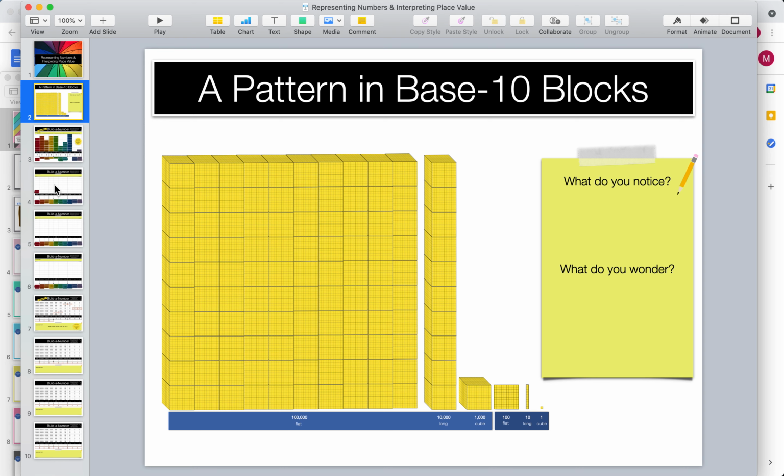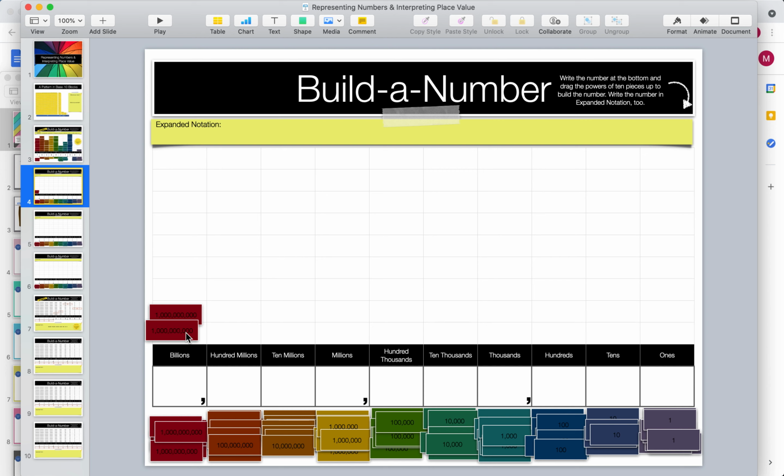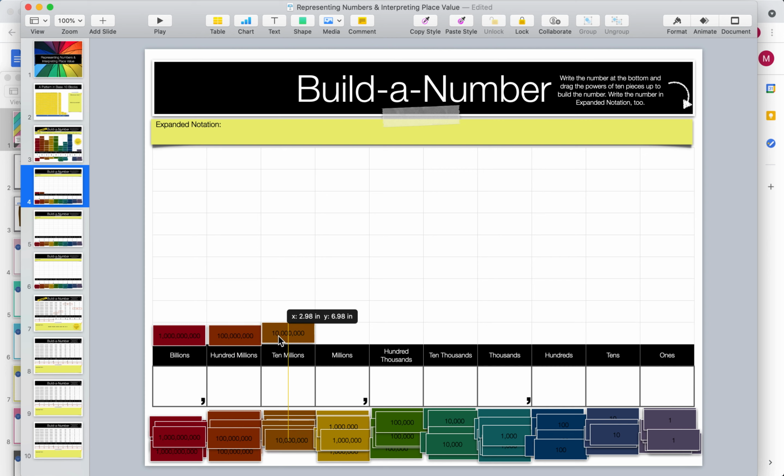This is an interactive journal, so the students are able to drag the values into the columns and build a number in expanded notation accordingly. So they can drag these values to show maybe 1 billion, 100 million, and so on.